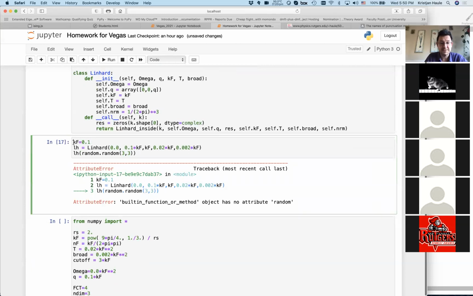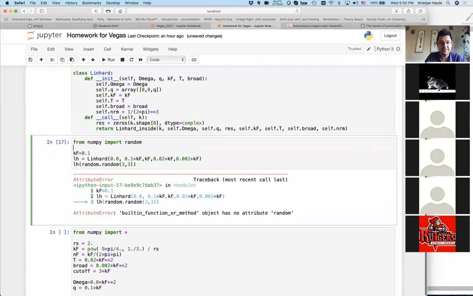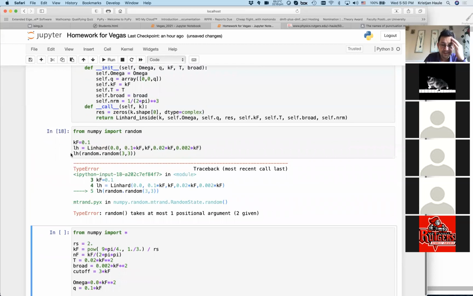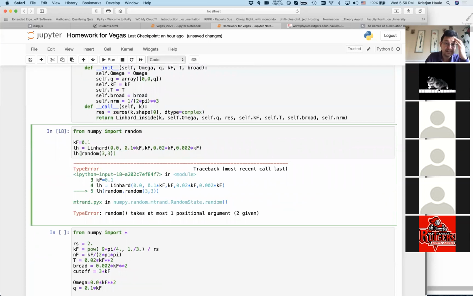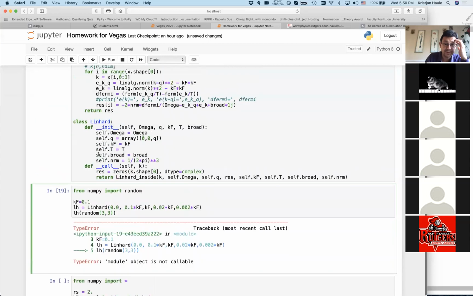Random, yeah. So it seems like an error, but that's not a problem. The issue is that we did not include from NumPy import random, so it doesn't know what random is. Oops, just a second. What is the problem?